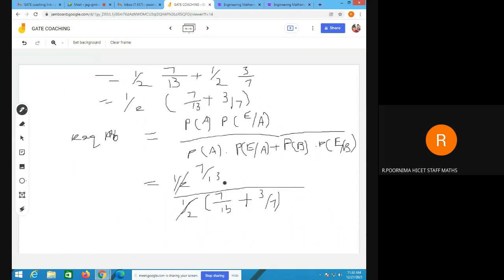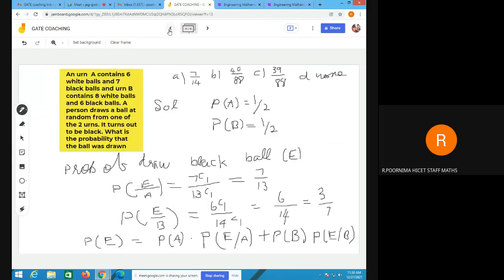After simplifying this, you will get 49 by 88. You have to use the calculator for simplification and check the answer. 7 by 13 divided by 7 by 13 plus 3 by 7. For the denominator you can take cross multiplication or LCM for simplifying. So the correct answer is 49 by 88, that is the B choice.